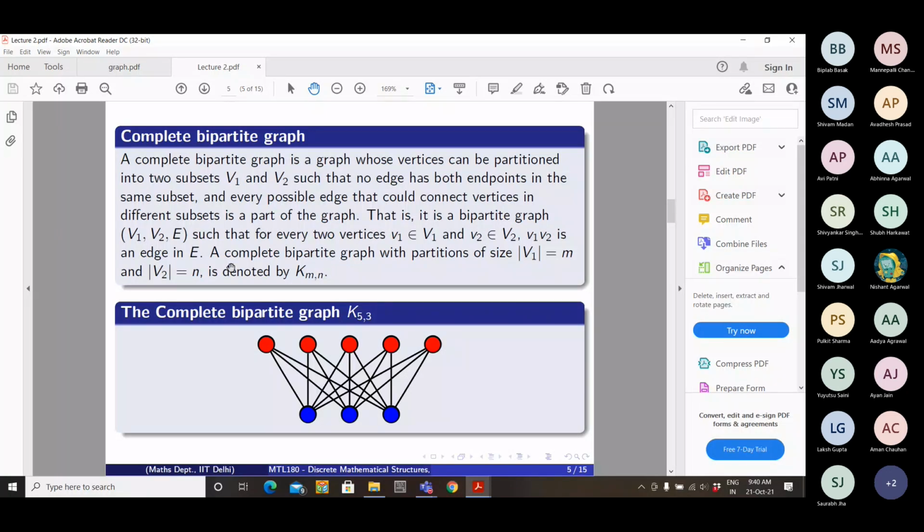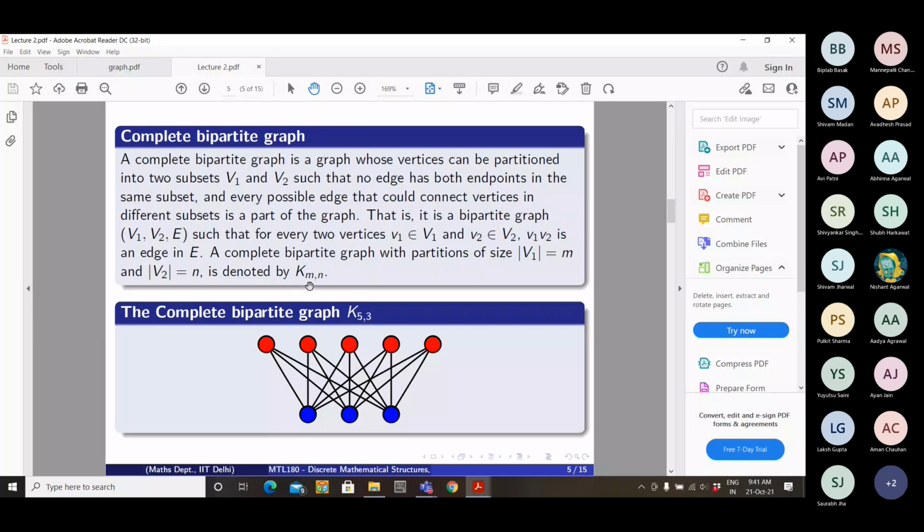Here we say that for a complete bipartite graph, if the cardinality of V1 is M and the cardinality of V2 is N, then this complete graph is denoted by K_{M,N}, where M plus N is the order of the graph and M and N are the number of vertices in the partitions.